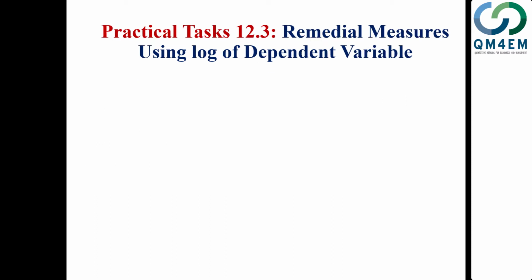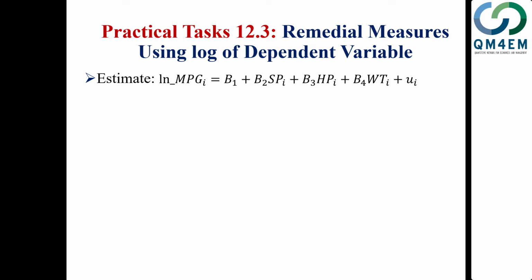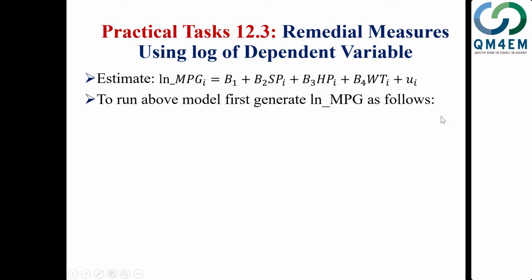So now what you have to do is run this model, ln of mileage per gallon regressed on the other explanatory variables. This is a slightly different transformation, and it's an easy transformation. In this you just transform the dependent variable.